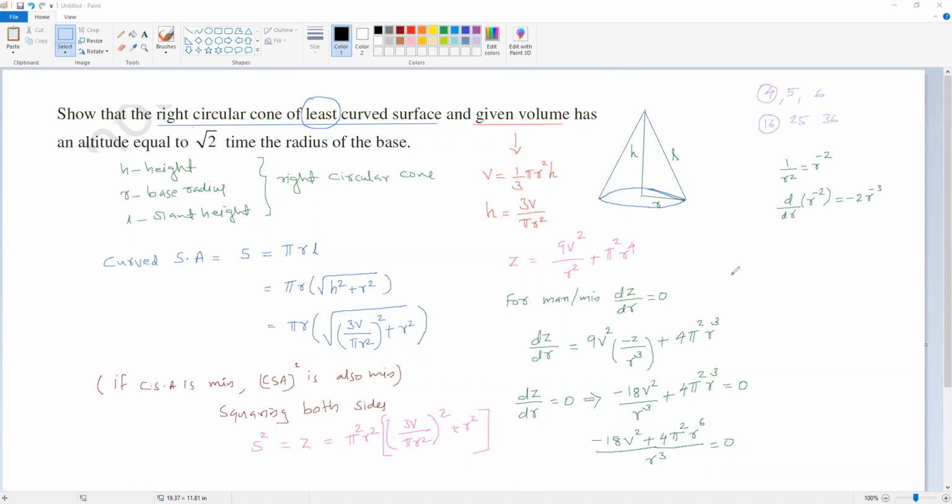So a rational expression is 0 when the numerator is equal to 0, that implies -18 v square plus 4 pi square r to the power 6 is equal to 0.